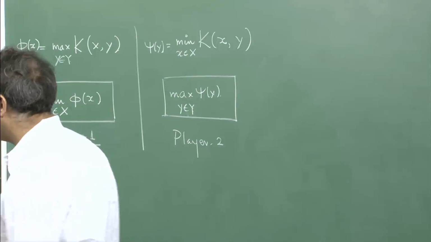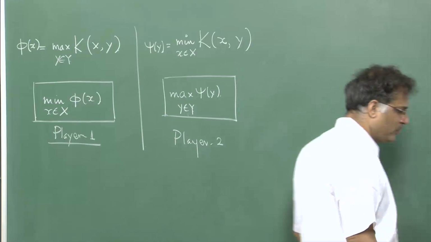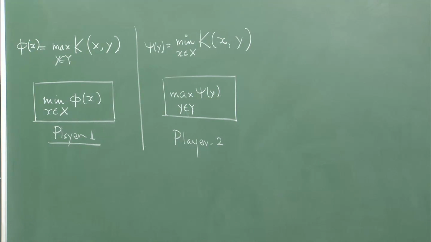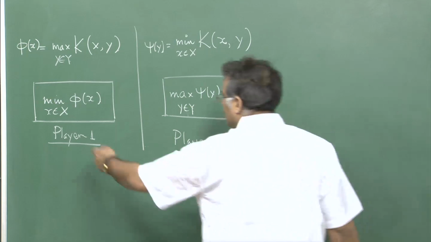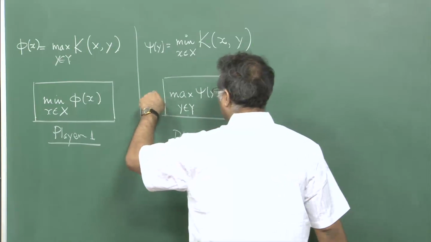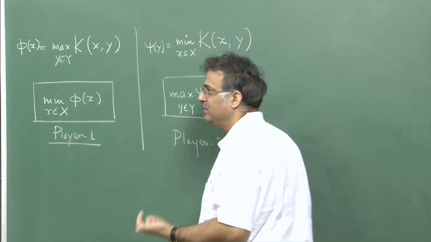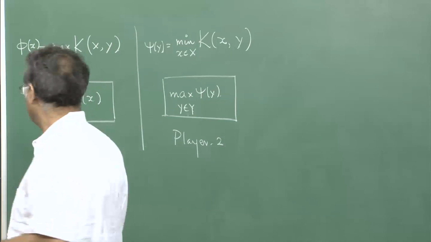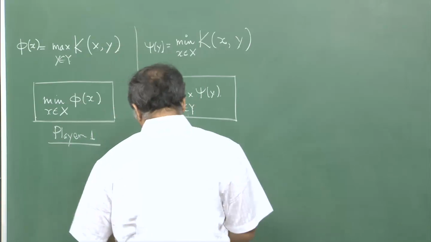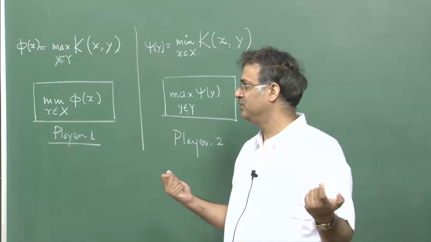The question now is, when are these two values equal? If these two values are equal, then the x for which this value is equal to this and the y for which this value is equal to this is the optimal strategy of the players. That is, if I deviate from that strategy, neither of us is better off.